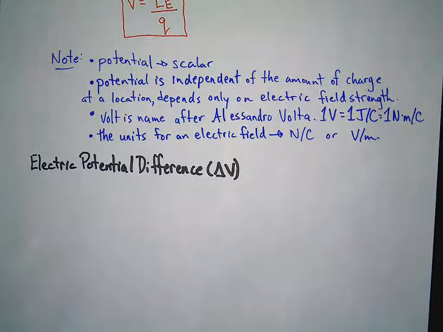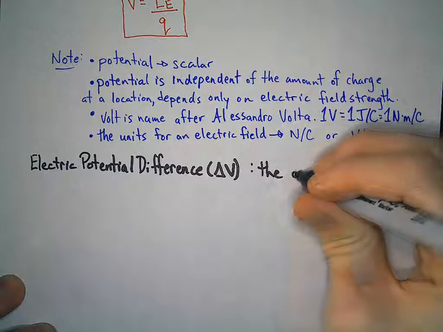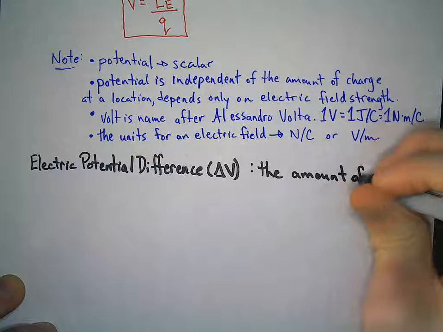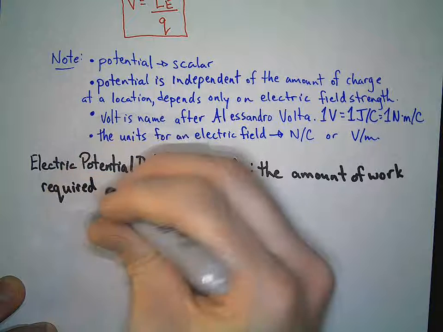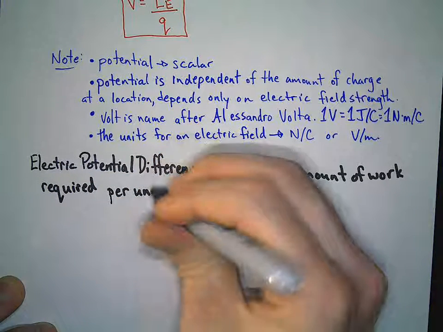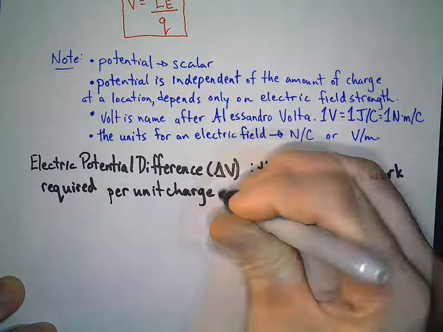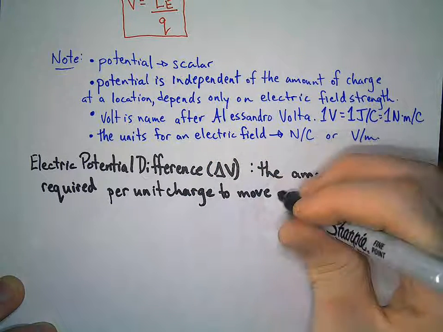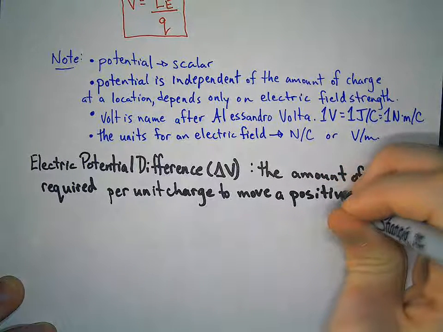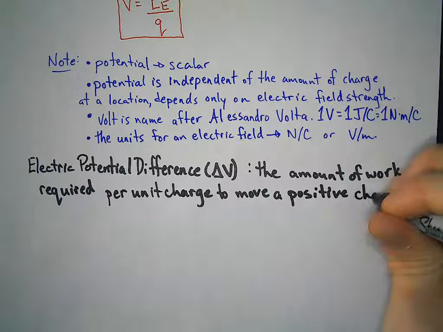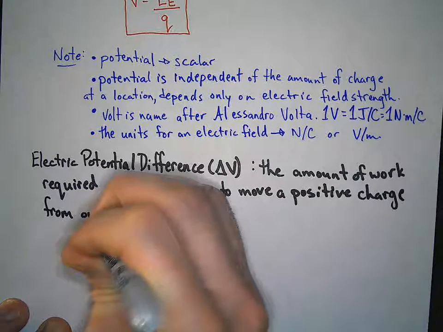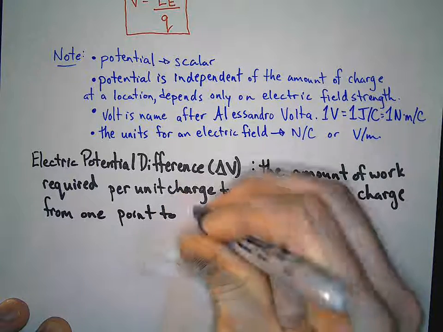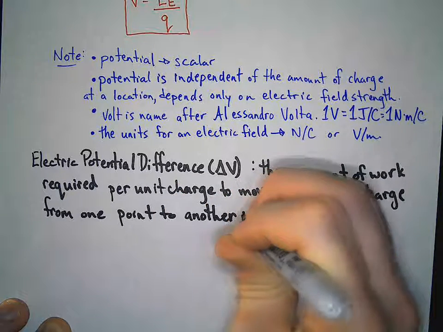So our electric potential difference, delta V, is the amount of work required per unit charge to move a positive charge from one point to another in an electric field.